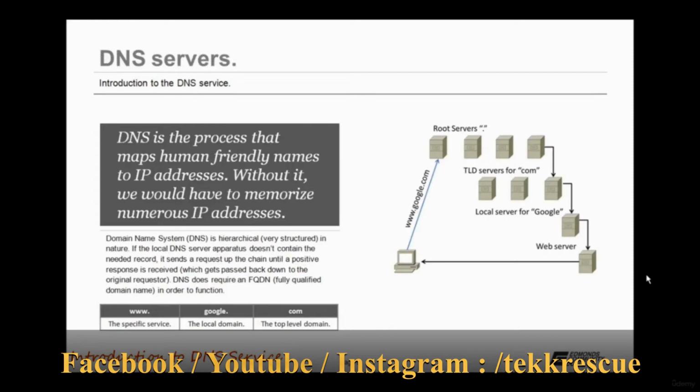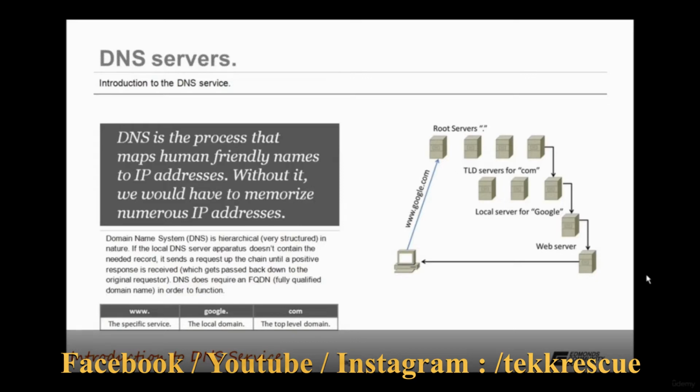Now, this positive response gets passed back down to the original requester. Now, DNS does require that an FQDN, fully qualified domain name, is used in order for it to function properly. Now, an FQDN is www.google.com. It's that naming convention right there. The www is the specific service that's being requested.